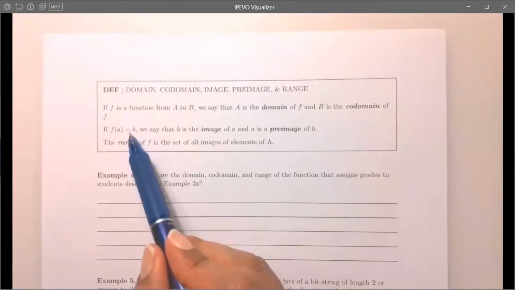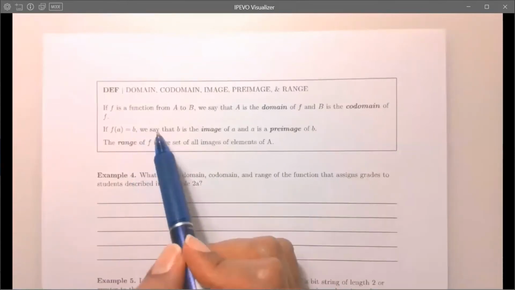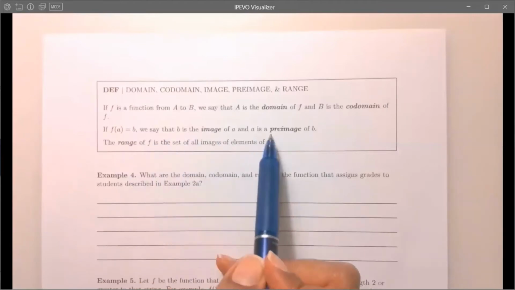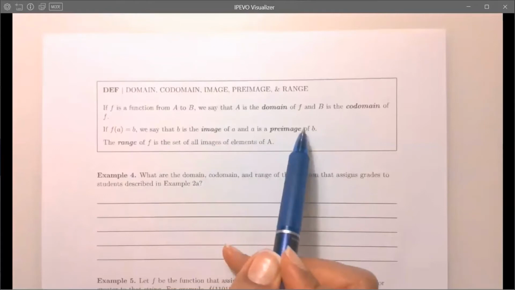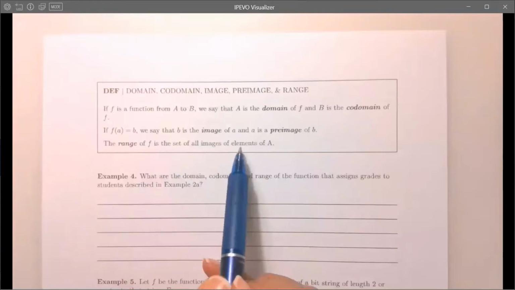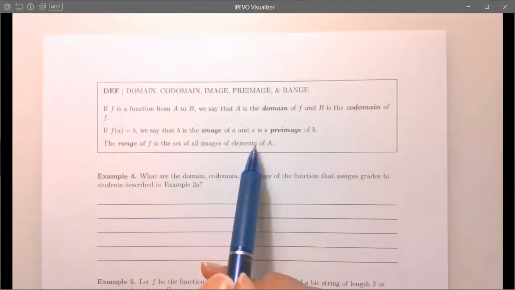If f of A is equal to B, then we say that B is the image of A, and A is the preimage of B. And finally, the range of f is the set of all images of elements of A.